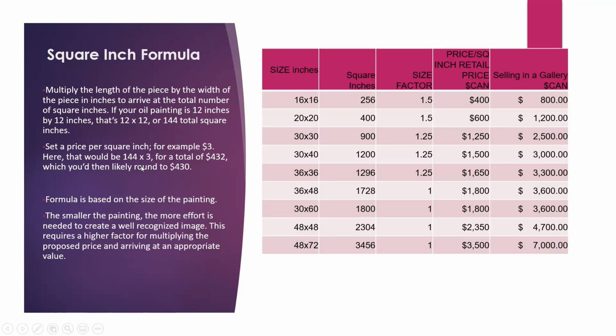So that's another method for pricing art, charging a dollar price per square inch, no matter what size. Again, the formula is based on the size of the painting. The smaller the painting, the more effort is needed to create a well-recognized image. And so that's why you find in the size factor method, a higher factor is used for smaller paintings.